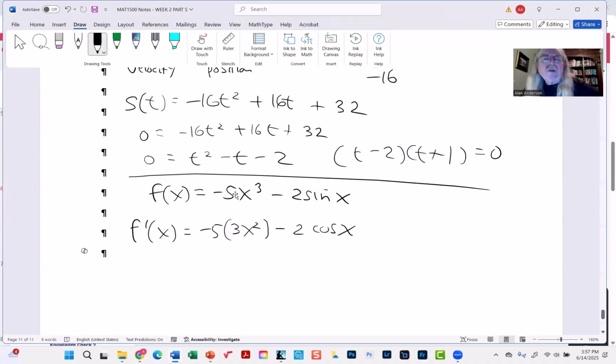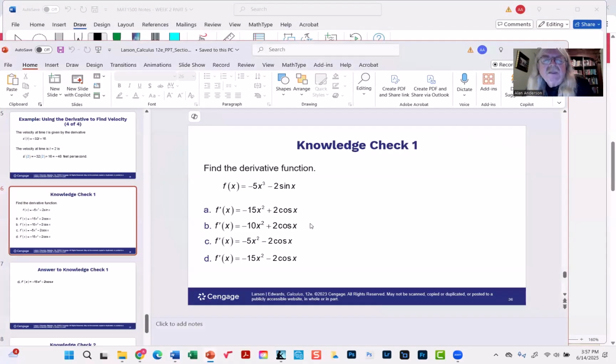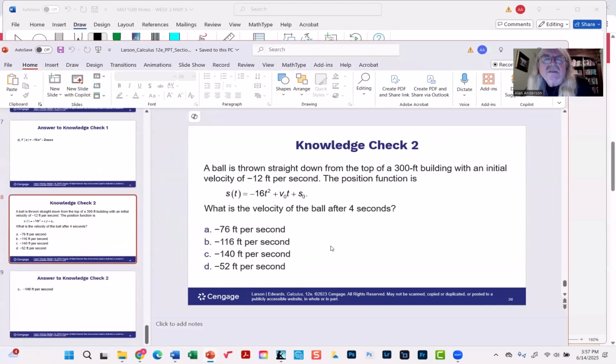So remember, I held the negative 5 outside, then I applied the power rule to x cubed. And this is the final result. Which one is that? Minus 15x squared minus 2. That would be D.